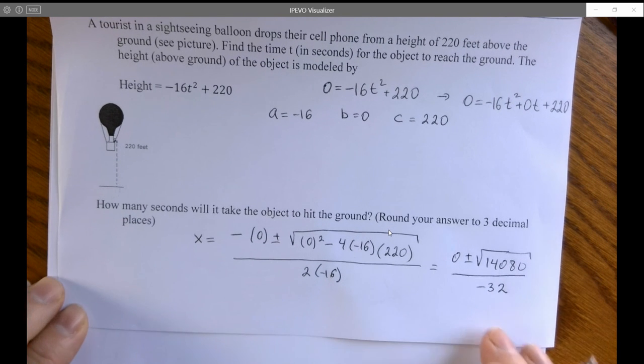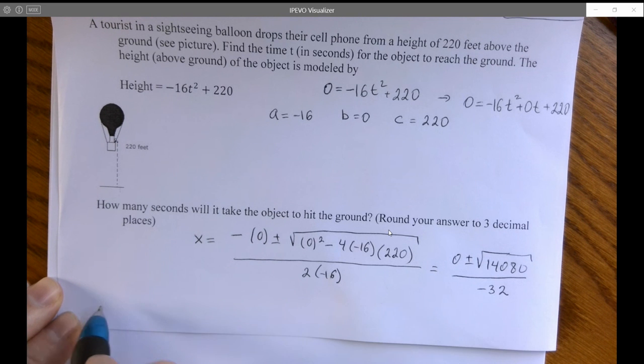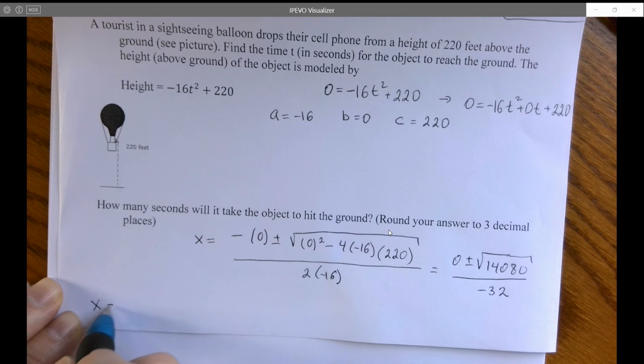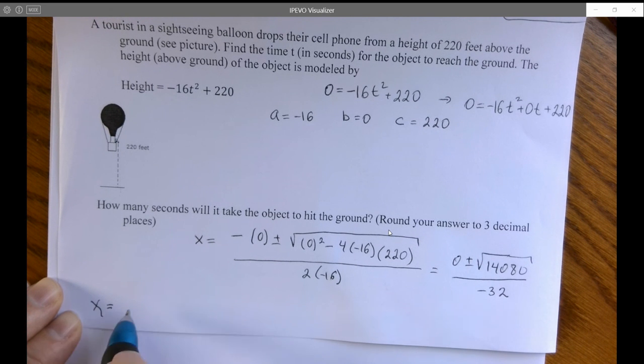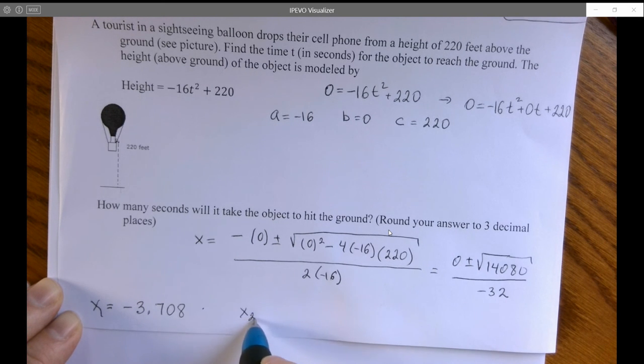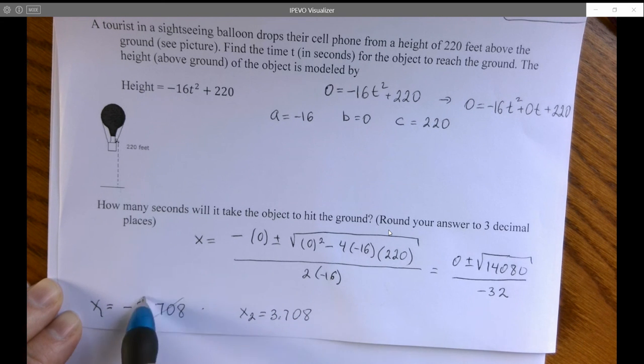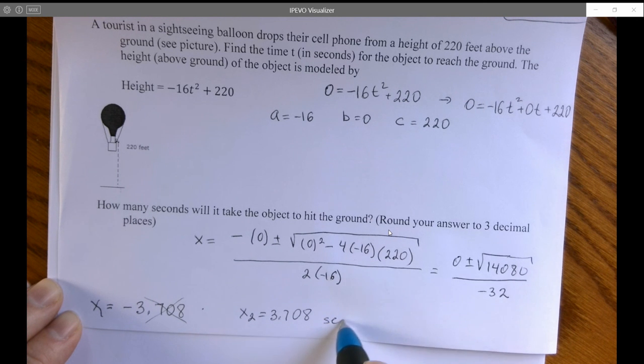And if you type this expression on your calculator, you will get the first answer, x1 is -3.708, and second will be x2, 3.708 positive. Because we're talking about time, we will eliminate the negative answer and we will keep the positive answer.